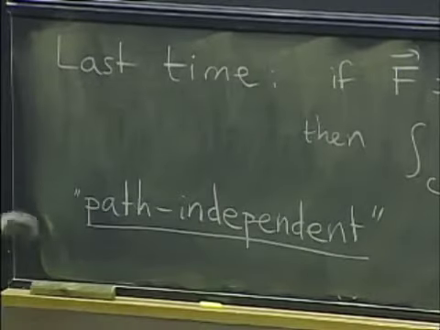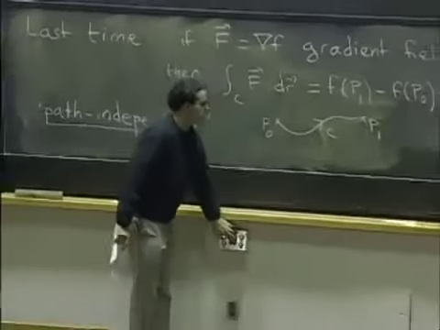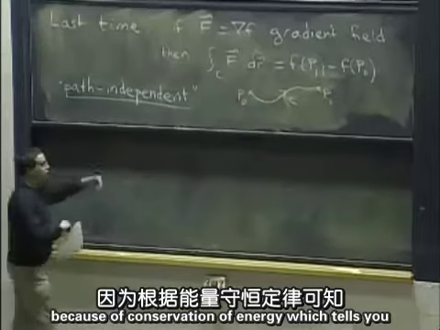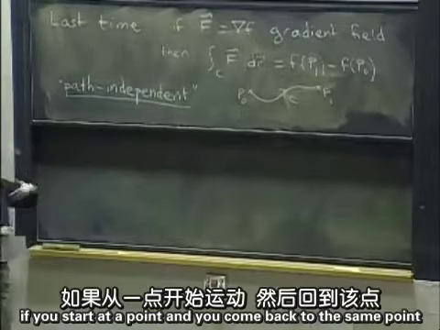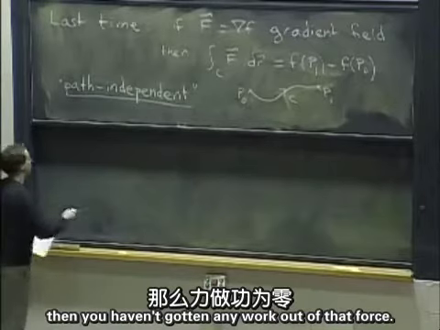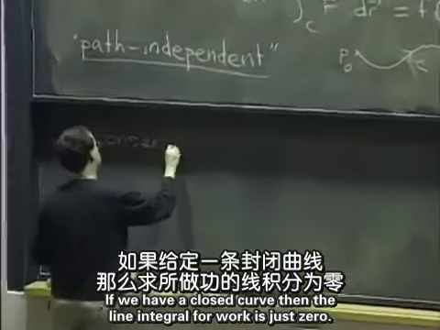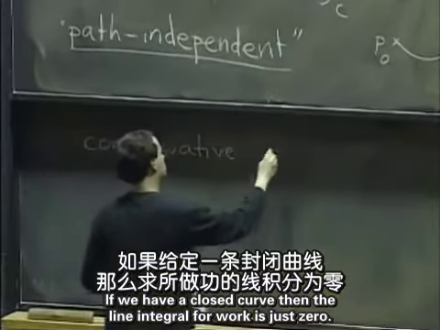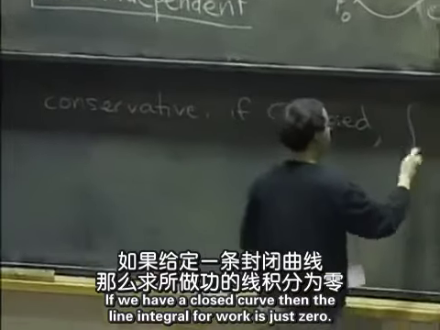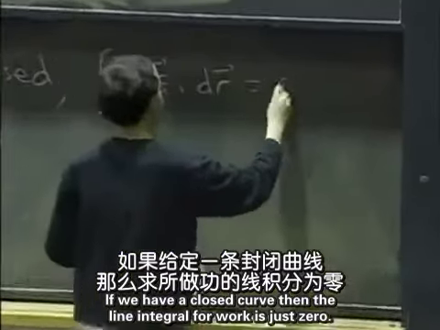Okay, and we also said that the vector field is conservative because of conservation of energy, which tells you if you start at a point and you come back to the same point, then you haven't gotten any work out of that force. So if we have a closed curve, then the line integral for work is just 0.